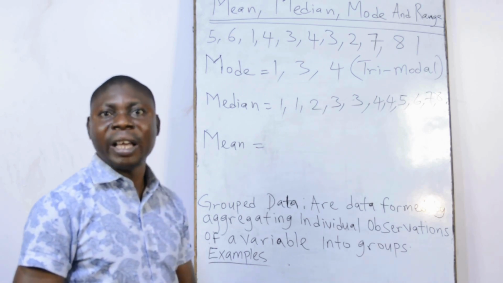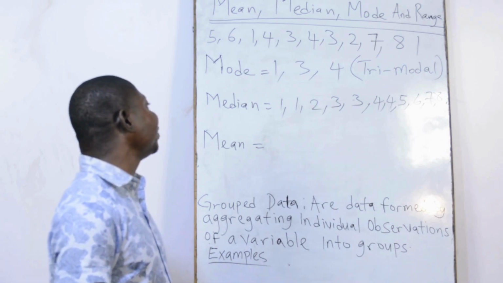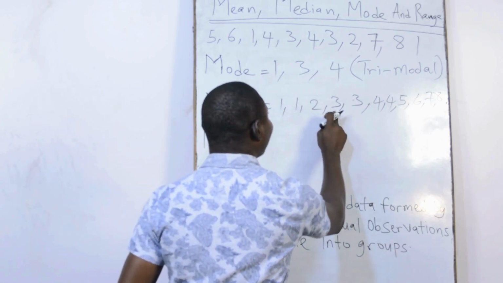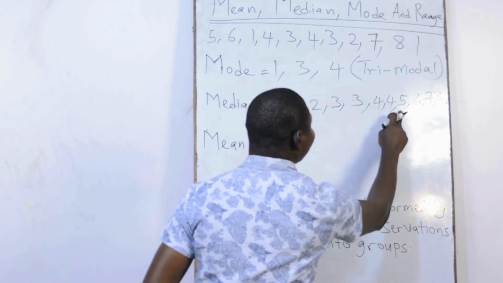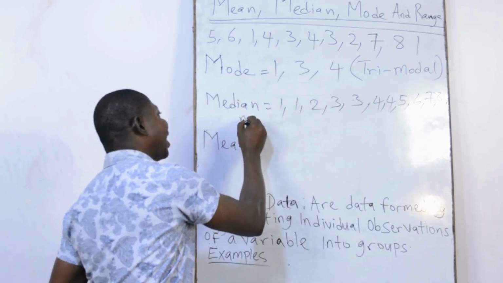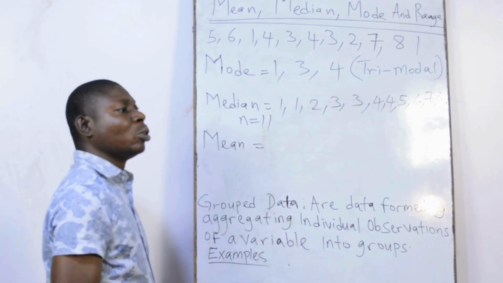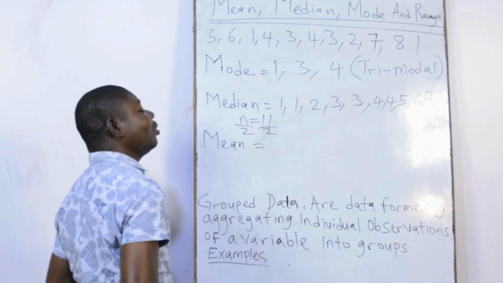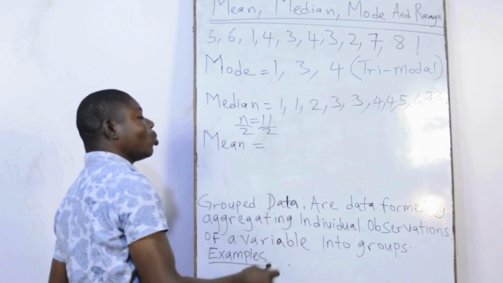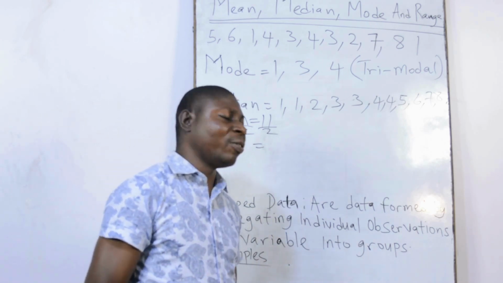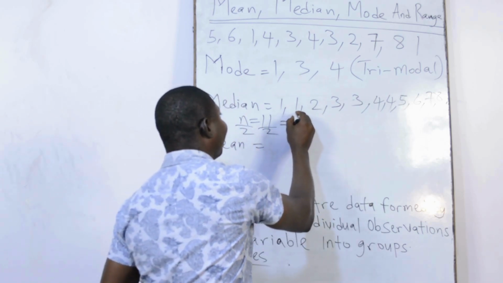Now to get median, you count the number: 1, 2, 3, 4, 5, 6, 7, 8, 9, 10, 11. So our n is 11. We can still use n divided by 2, 11 divided by 2, and we get 5 and a half.